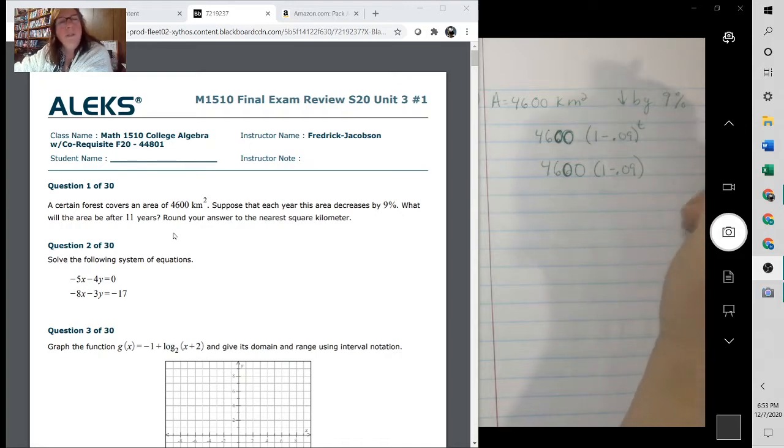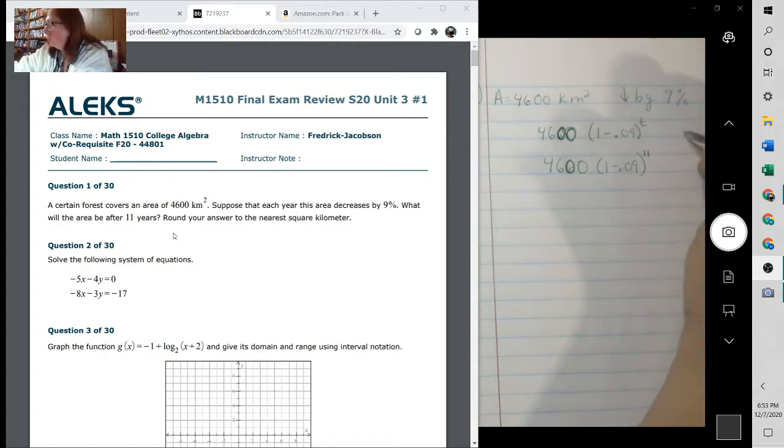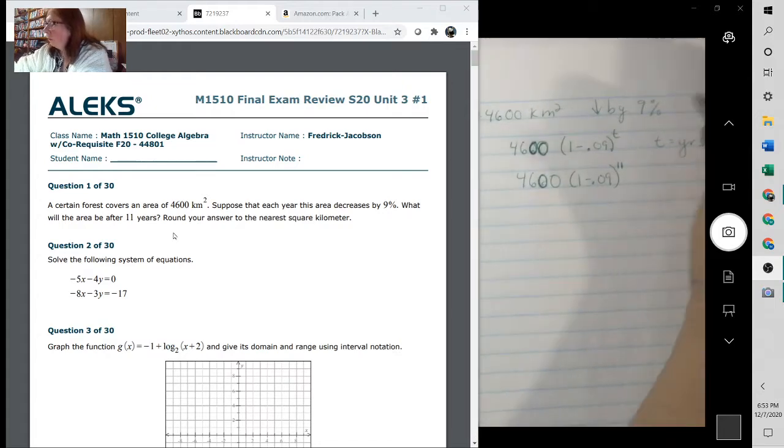It said 11 years. And it decreases by 9% each year, so T is years. And you just plug that into your calculator.